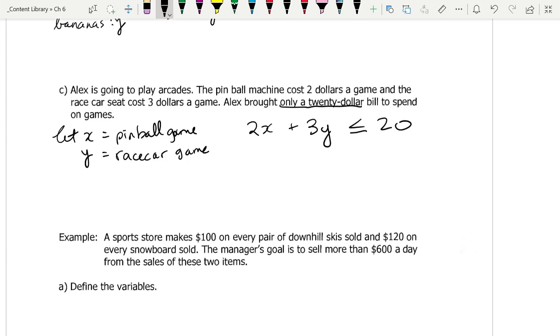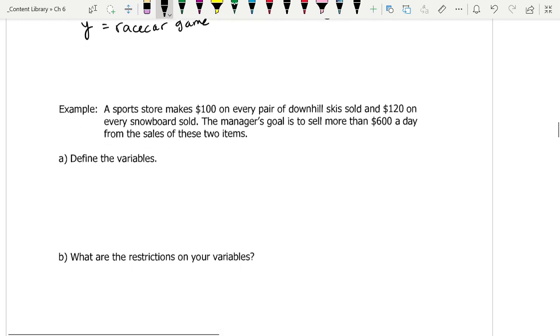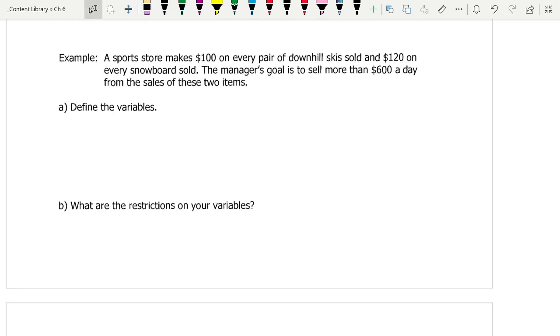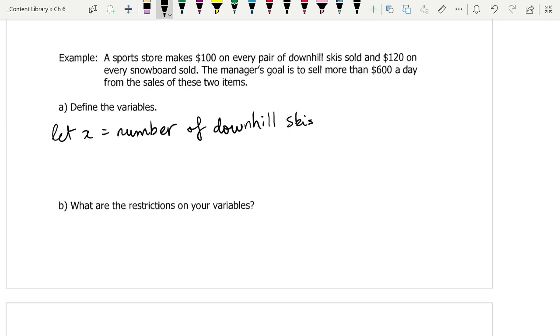And finally, a sports store makes $100 on every pair of downhill skis sold. So I'm going to let x equal the number of downhill skis, and we'll let y equal the number of snowboards.